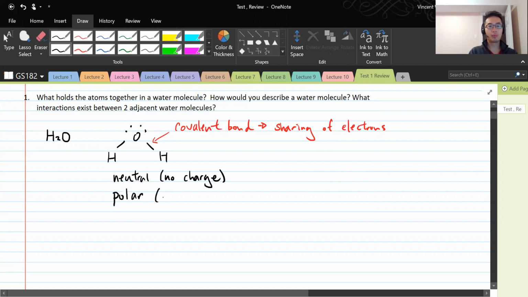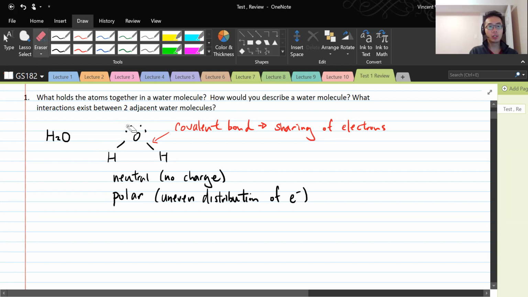Polar. So polar means uneven distribution. Uneven distribution of electrons. Okay, so the oxygen and the hydrogen, even though they're sharing electrons, the oxygen, as we learned in lecture 5, has higher electronegativity compared to hydrogen.